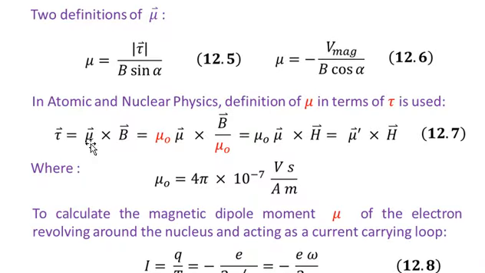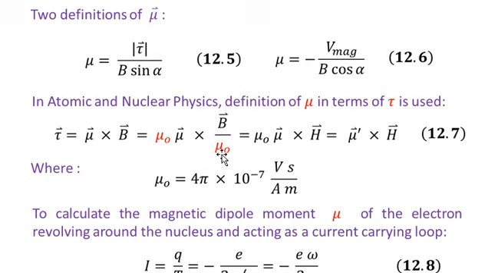So I am rewriting that tau is equal to mu cross B. I am multiplying this with mu naught and dividing by mu naught. You see that I have shown mu naught in red color. So mu naught is multiplying mu, and B is being divided by mu naught.